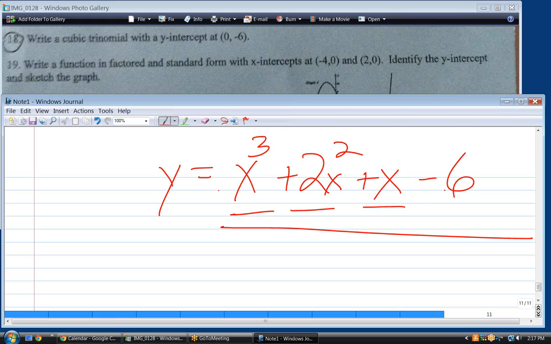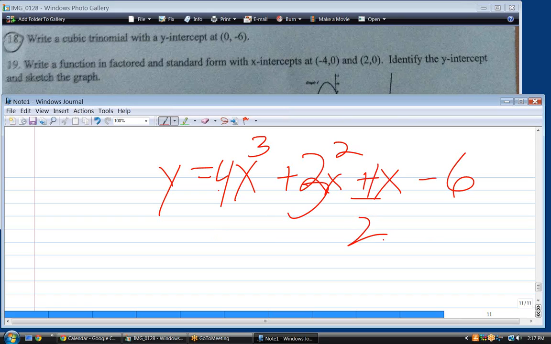And I'm left with minus 6. So all I have to do to come up with a cubic trinomial with this y-intercept is put any term I want in these three spots. I could have put a 4x cubed and a 3x squared and a 1/2 x. Wouldn't matter. As long as this term was minus 6, that's my y-intercept.